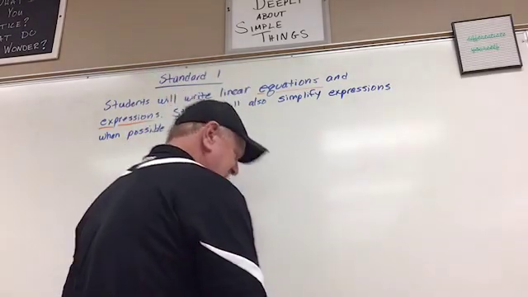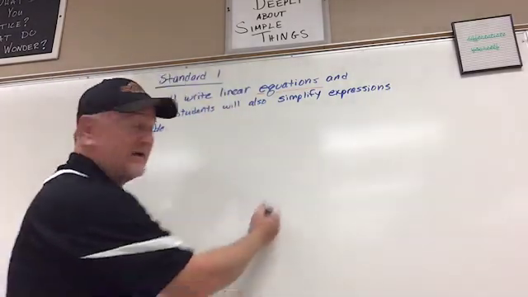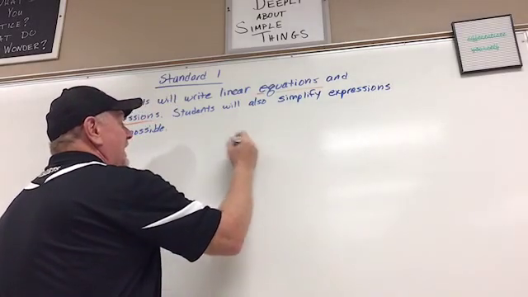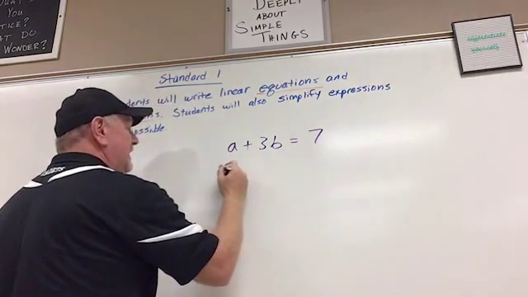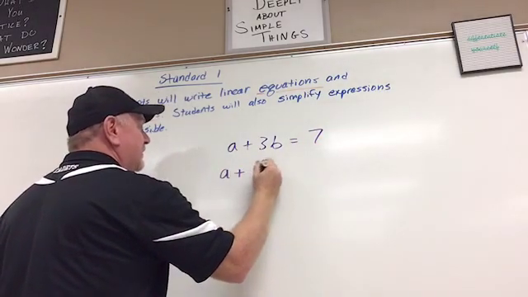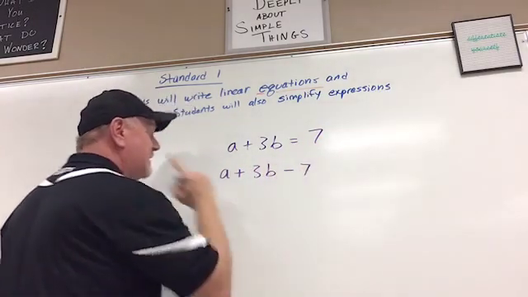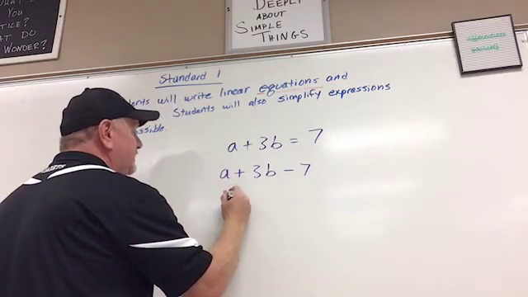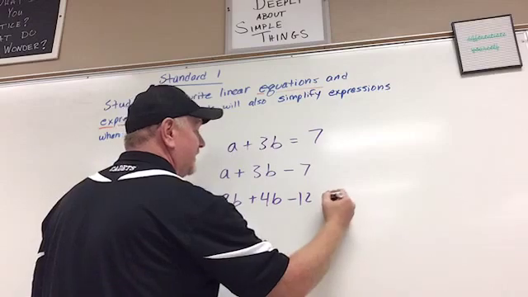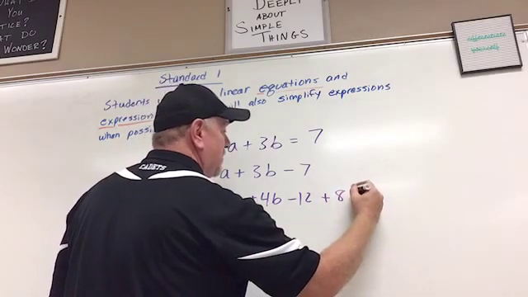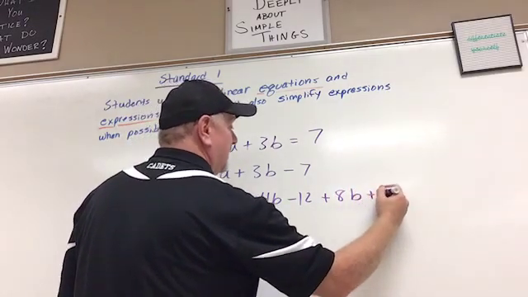So let me give you an example. Let's see. A plus 3b equals 7. A plus 3b minus 7. 2b plus 4b minus 12 plus 8b plus 4a.